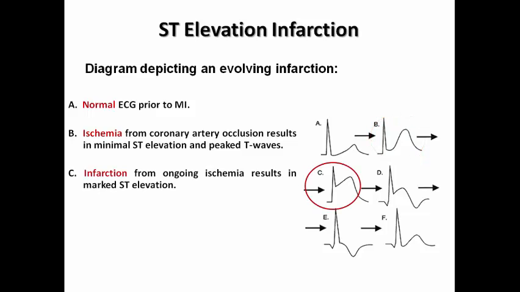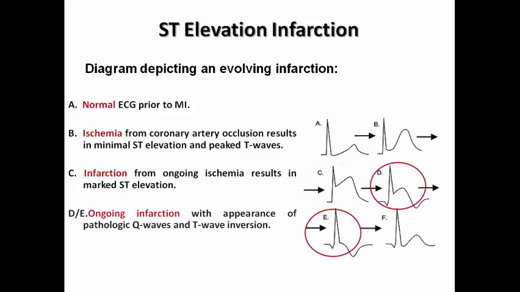And then if the infarction and the ischemia are persistent, at this time there is marked ST elevation and the ST elevation magnitude can increase, and then with ongoing infarction ST elevation may remain the same or sometimes may decrease, but with appearance of pathological Q waves and T wave inversion.